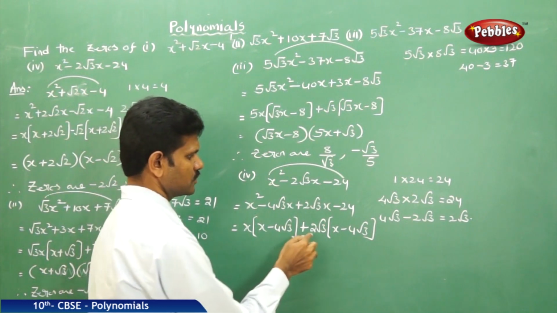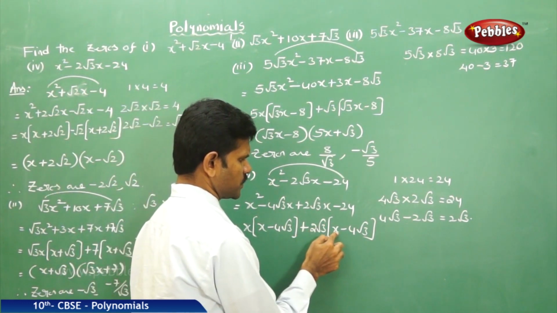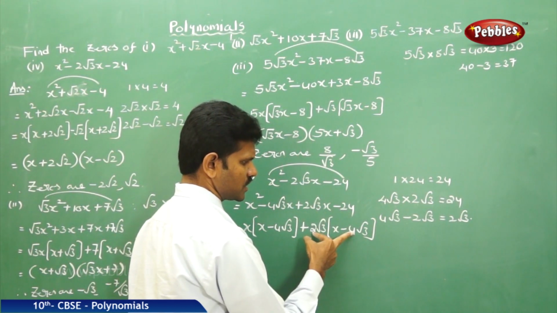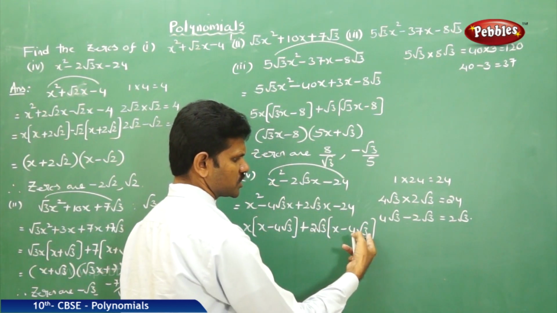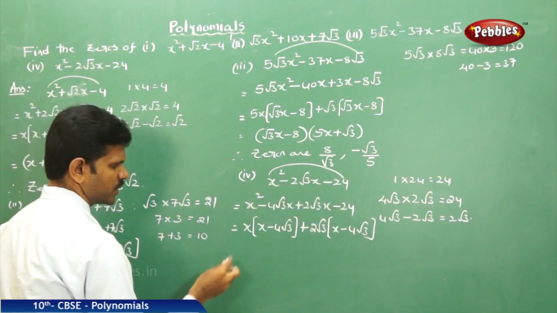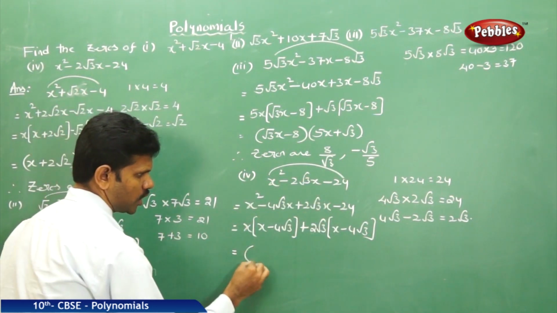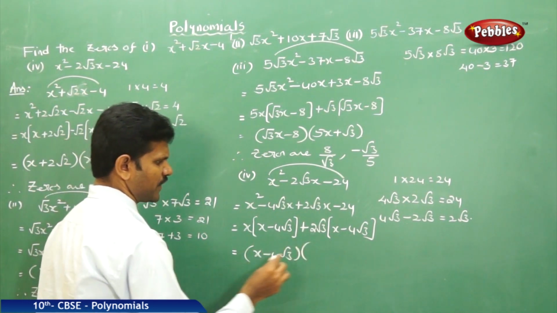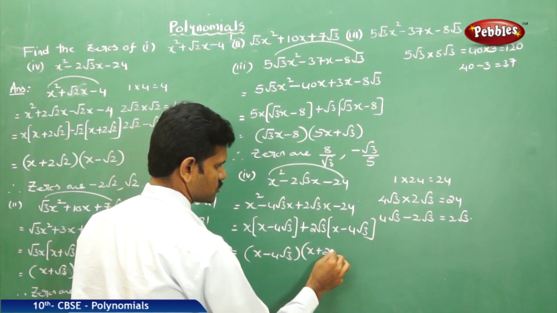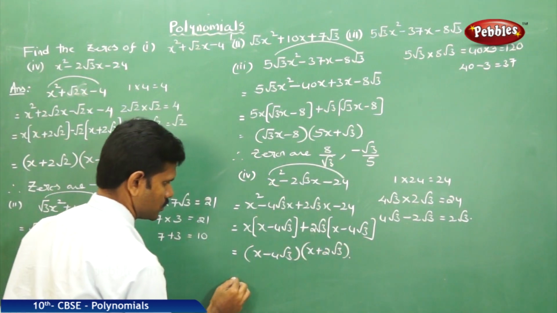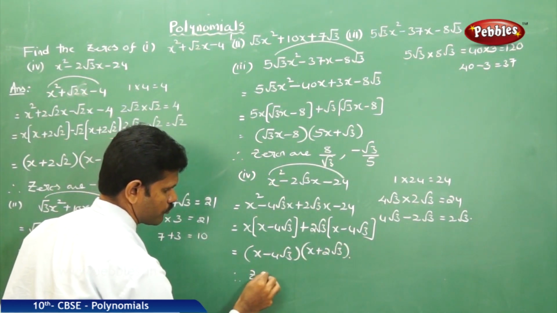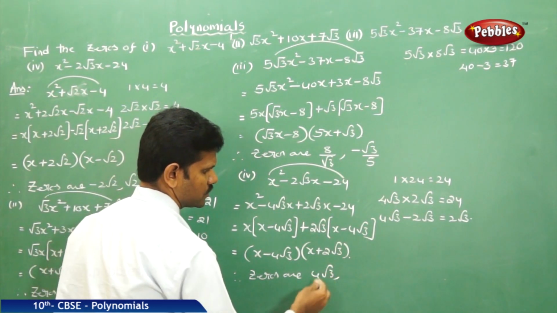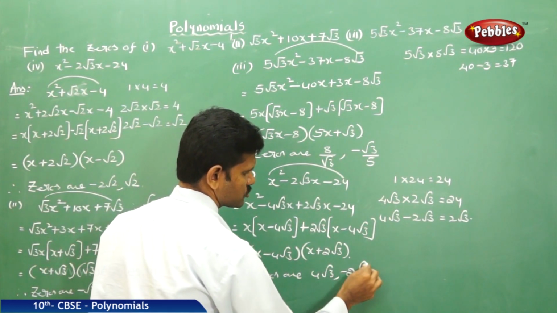Let us check once. 2 root 3 into x, 2 root 3x, plus into minus, minus 2 4s are 8, root 3 into root 3 is 3, 8 3s are 24, you got your previous step. Therefore the common factor is x minus 4 root 3 and the other factor is x plus 2 root 3. Therefore zeros are 4 root 3 comma minus 2 root 3.